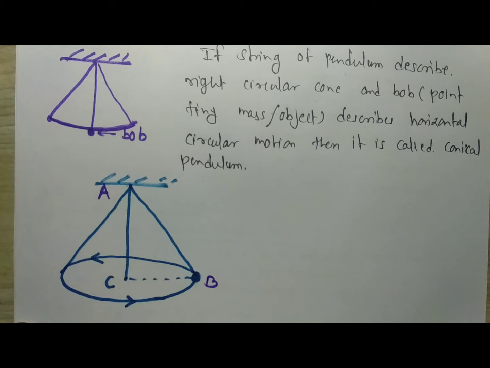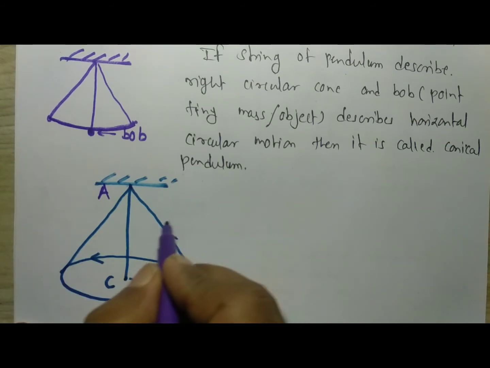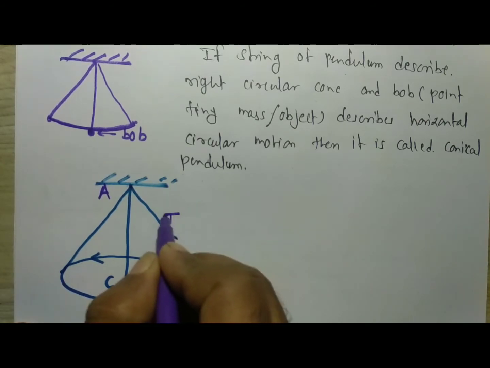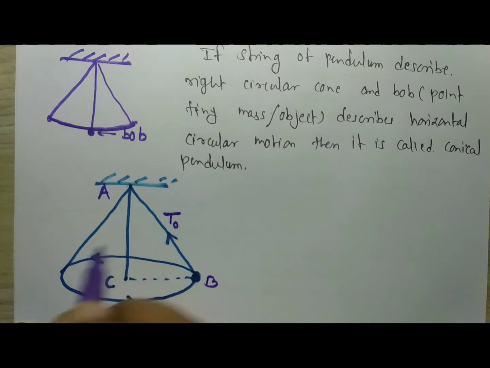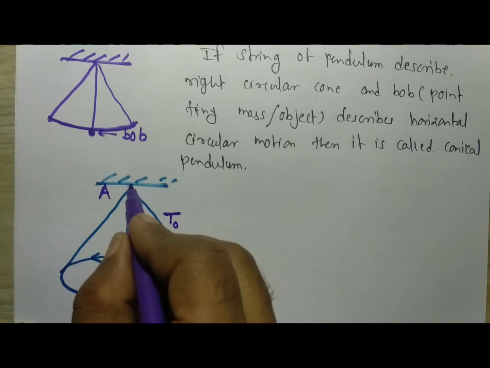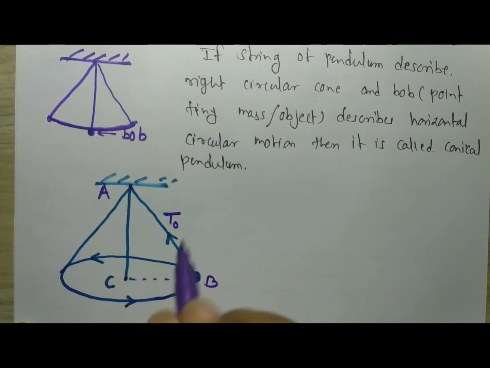At that time, the bob has two forces acting on it. One is the tension acting towards the suspension point. Let us consider T0 to be the tension in the string, acting towards the suspension point A, which is resolved into two components.